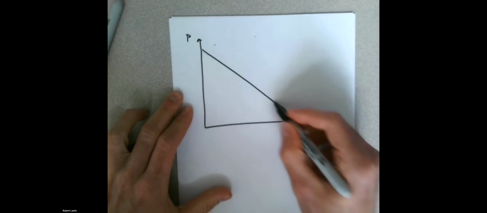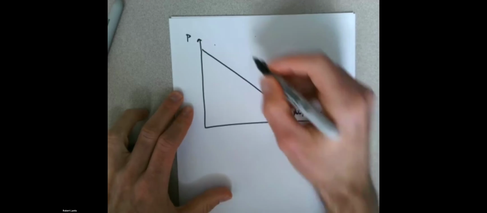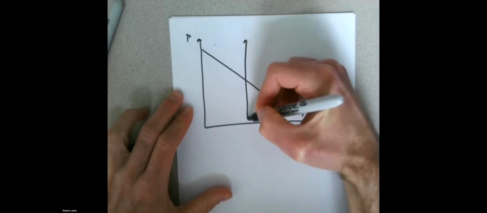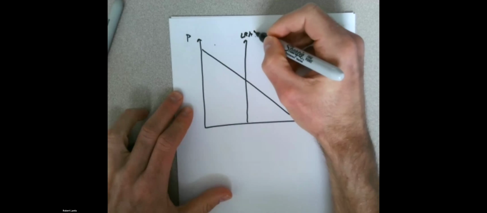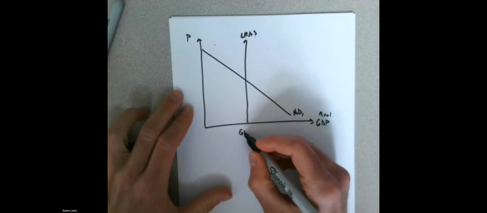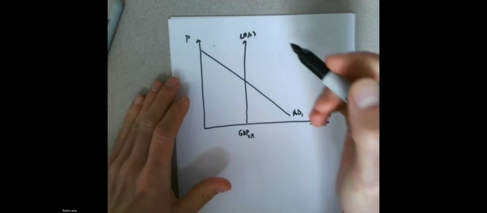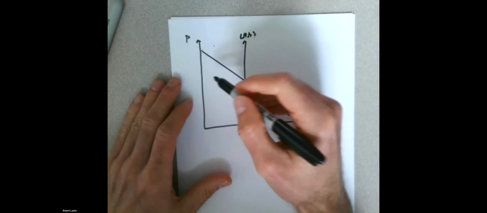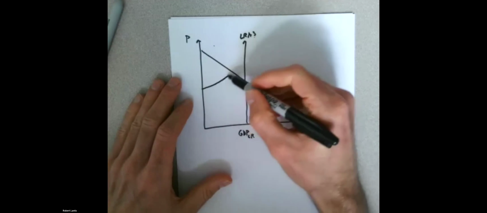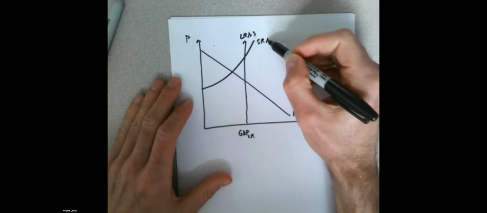So let's say here's my aggregate demand. Here's my long-run aggregate supply. So this would be my initial long-run GDP. And let's say, what I have in the slides, I want an expansionary fiscal policy. So let's say initially my short-run aggregate supply looks something like this.